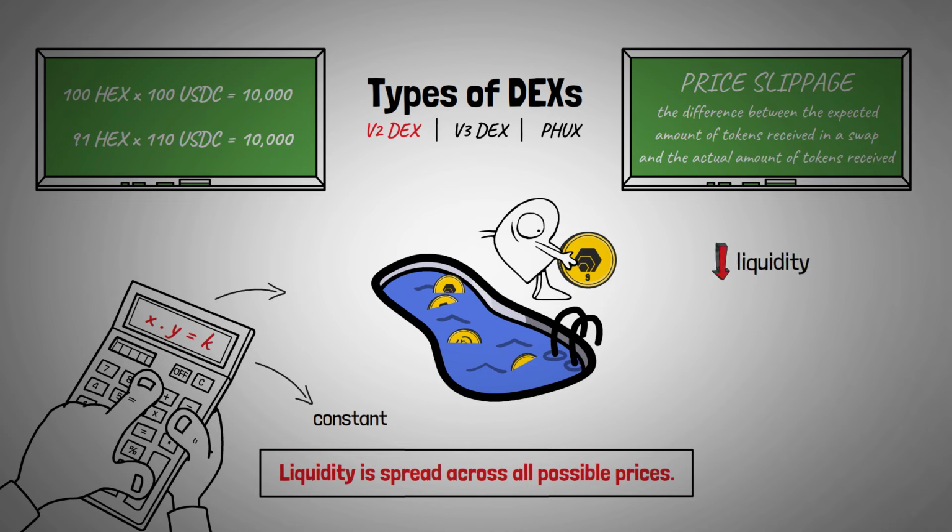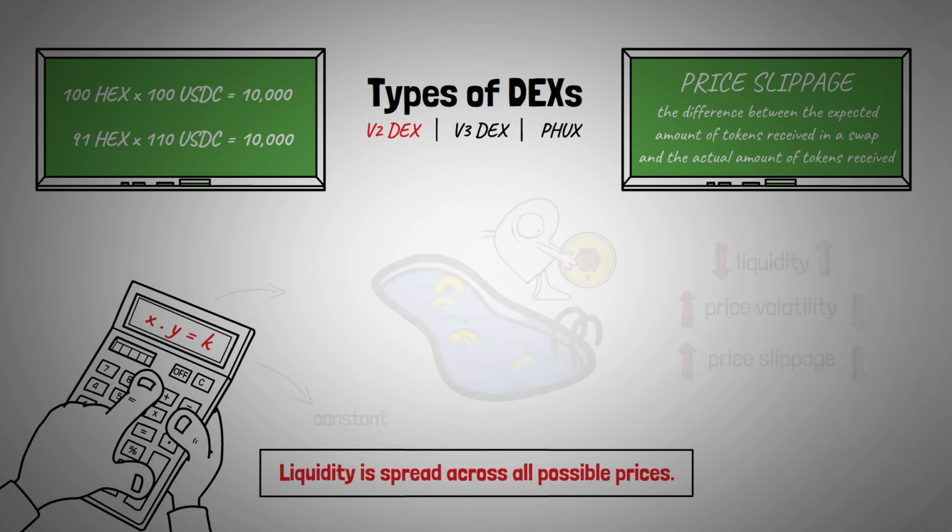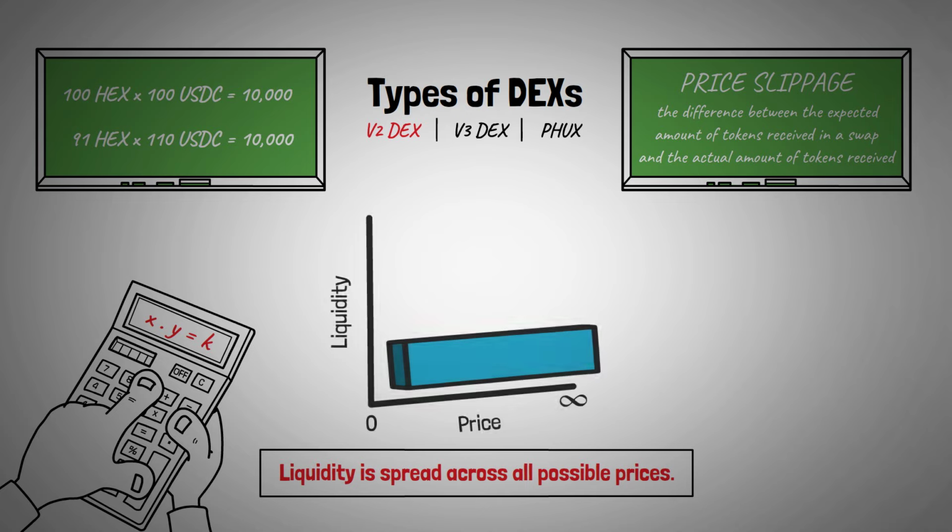Less liquidity at specific price ranges increases price volatility, both upward and downward, and results in more price slippage. Conversely, more liquidity at specific price ranges reduces volatility and results in less price slippage. By spreading liquidity, V2 DEXes enable trading at all possible prices, which is beneficial.